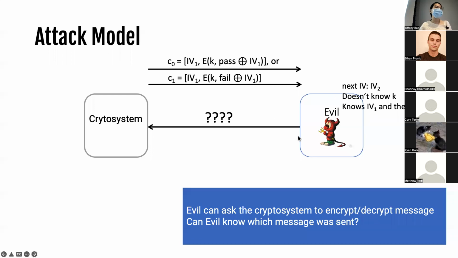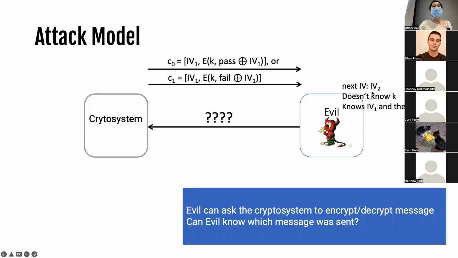But now when Evil starts to query the crypto system, after the crypto system sends this specific message out, when Evil sends a query to the crypto system and the crypto system gets back to Evil, it is going to use IV2 as its initial vector.